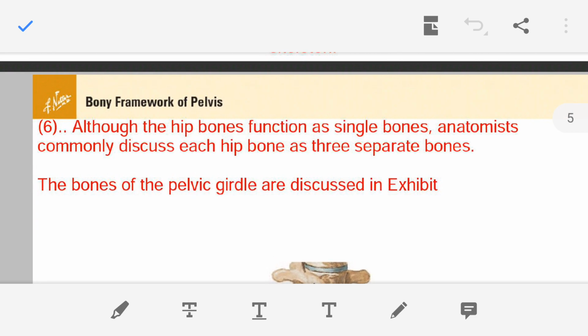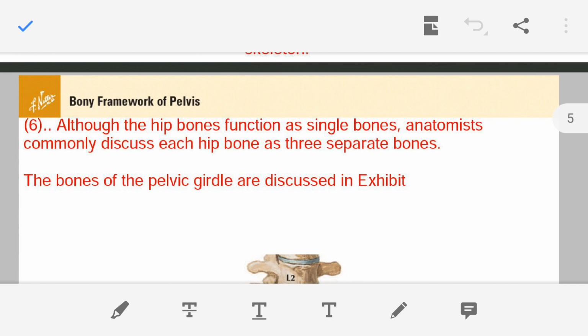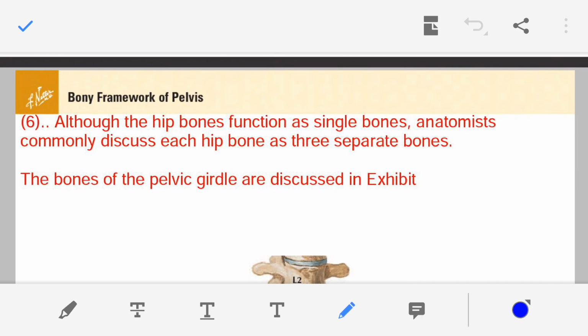Now, many times when we study the pelvic girdle, we think that the hip bone is a single bone, but in reality, most of the anatomists, those who are studying human anatomy, believe that the hip bones are actually made up of 3 separate bones.